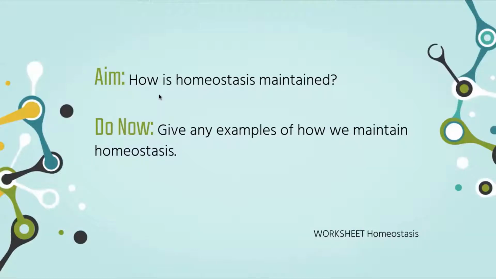Alright, so before we do our aim and do now, I just wanted to ask you, why is homeostasis important to us? I want you to pause the video and think about your answer before we go over this slide.